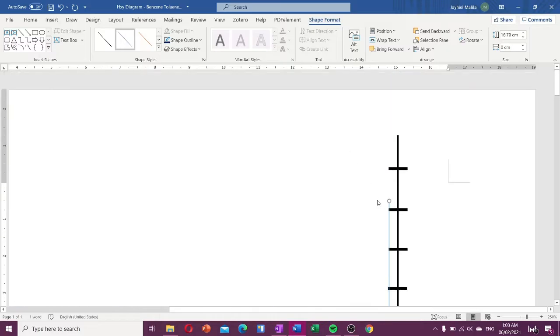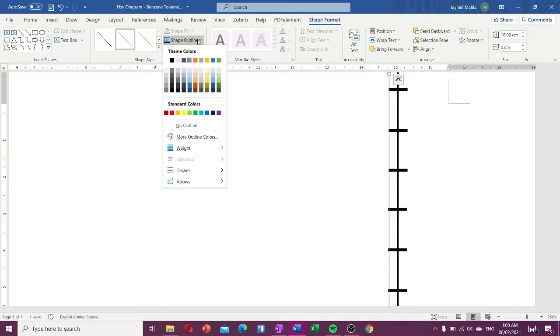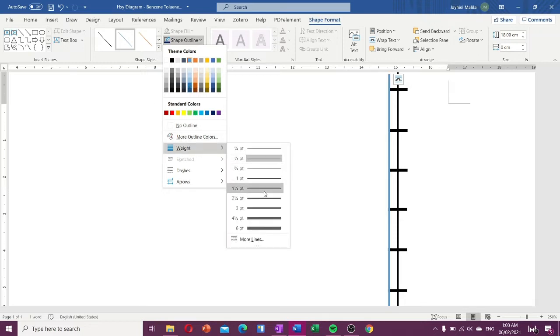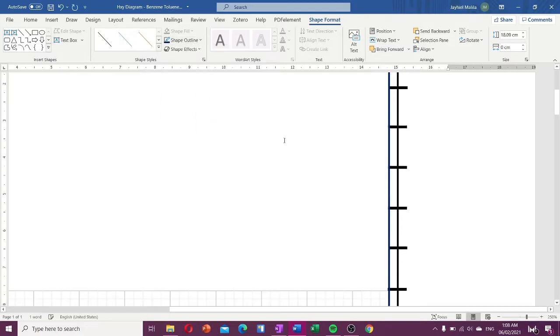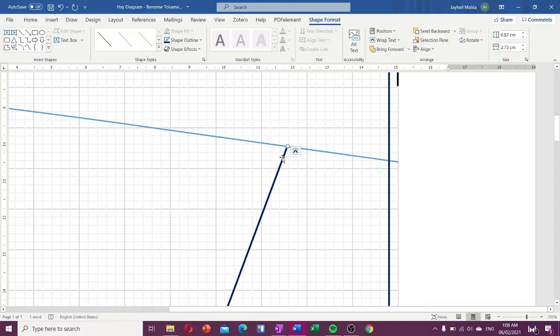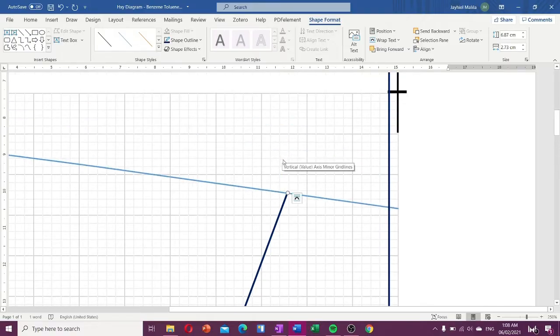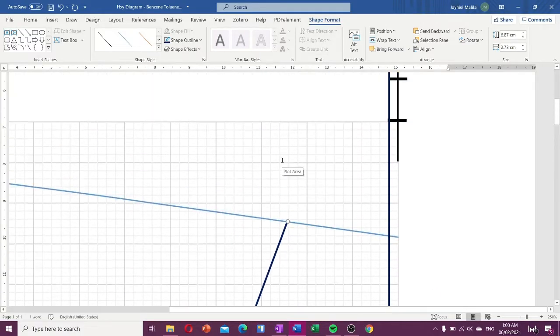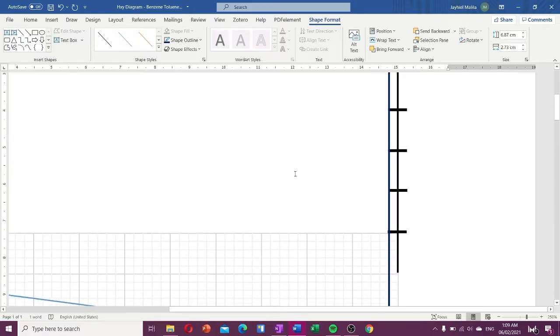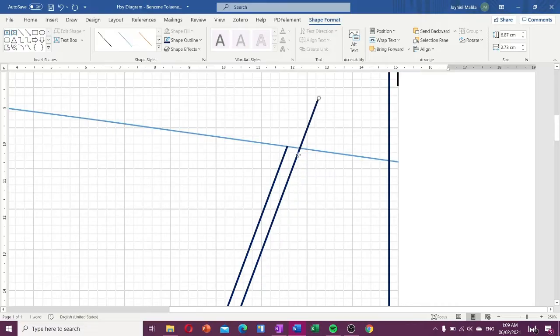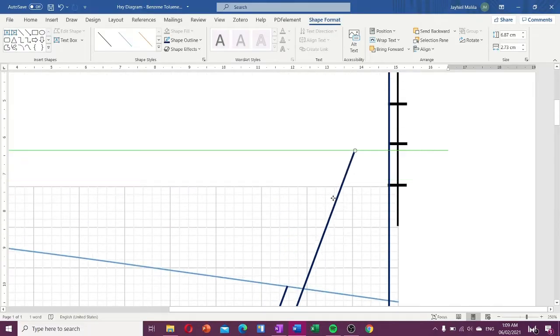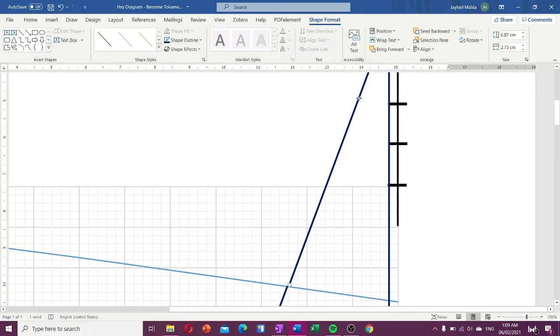We just have to make sure that I'm extending just the right length. I will be increasing the weight as usual, and then I will be creating another extension of this tie line. Then we are going to look for the intersection. Control D and then extend.